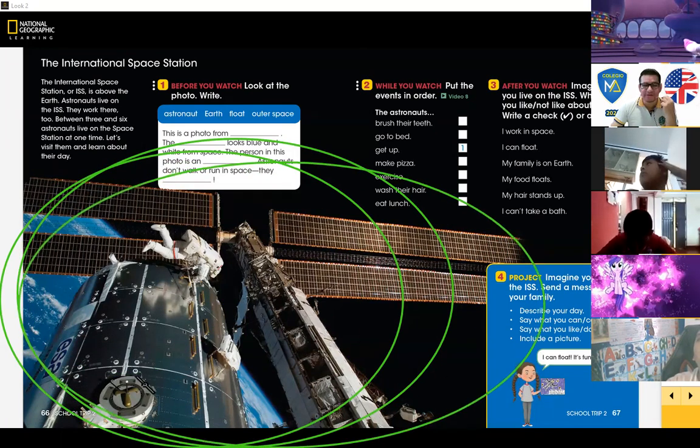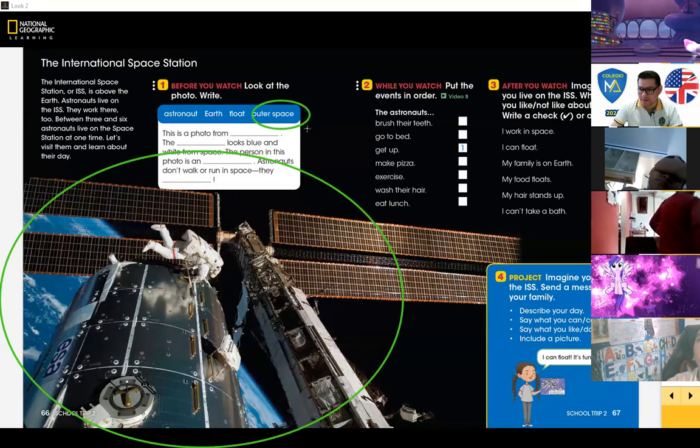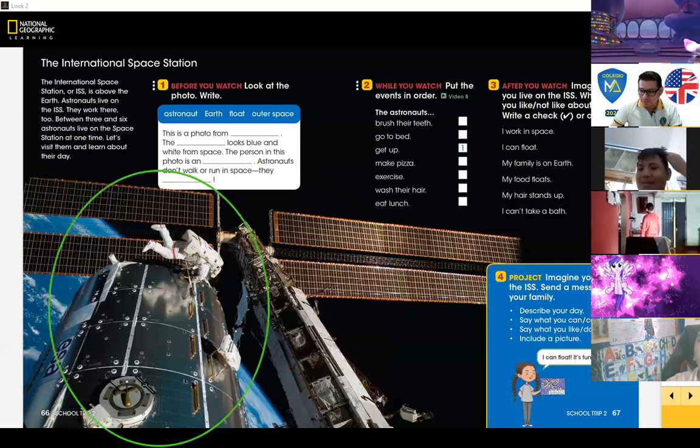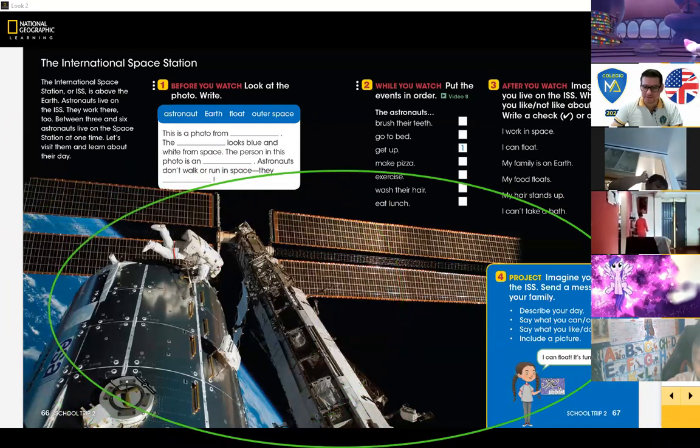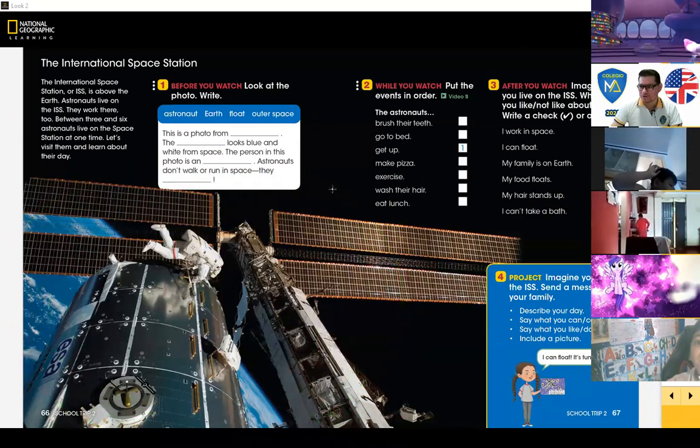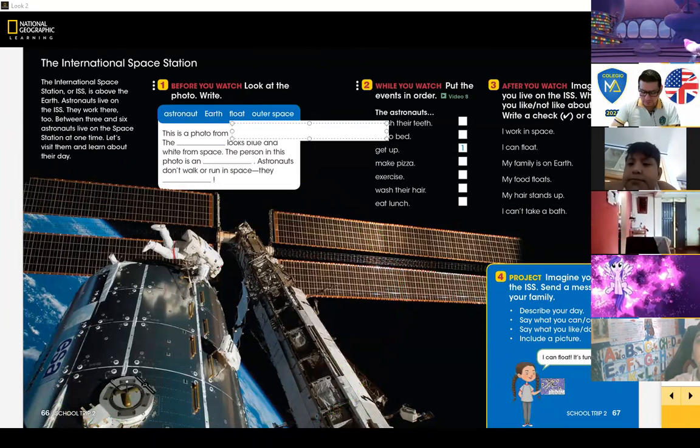This, students, is the outer space. Look, this part, outer space. Todo esto es el outer space, el espacio exterior. Yes or no? Yes, this is the space, the outer space. So this is a photo from outer space, right?